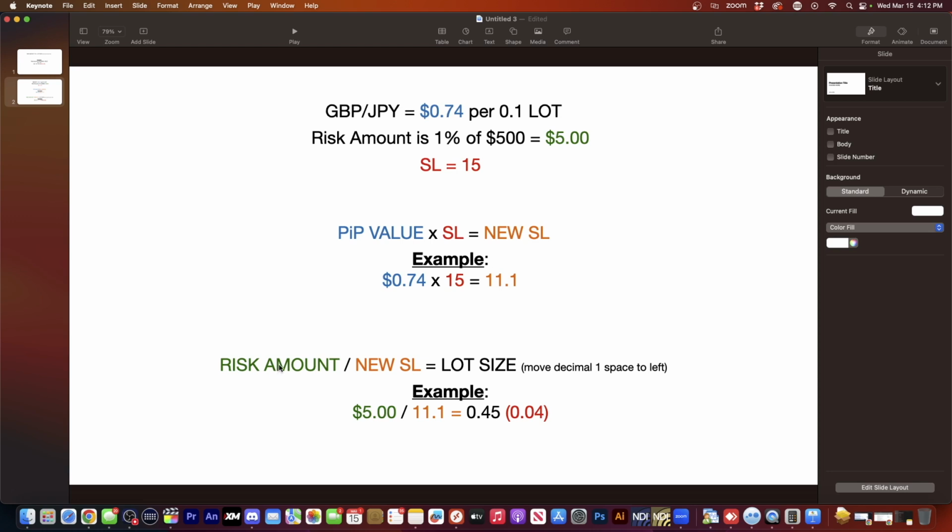Then we will utilize our normal formula. We'll take the risk amount, which is $5, divided by our new stop loss. That'll equal our lot size, and we want to move our decimal over one space. Example, $5, which is our risk amount, divided by our new stop loss, which will give us a 0.45. Move our decimal over one place to the left, which will give us a 0.04 for this particular lot.